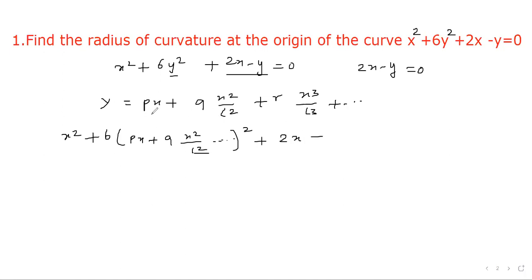Y is this term itself, so px plus q times x squared upon factorial 2 plus r times x cubed by factorial 3 and so on, equal to 0.